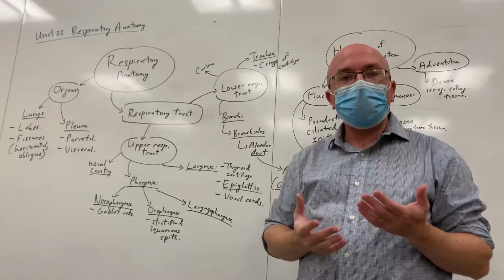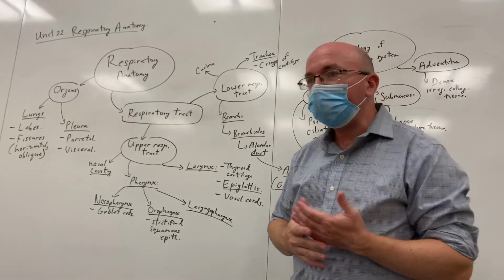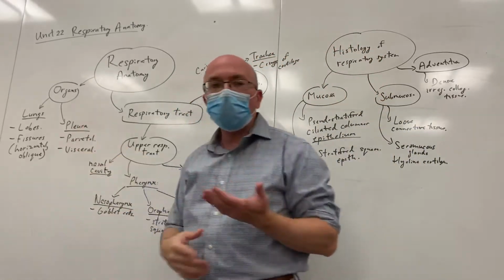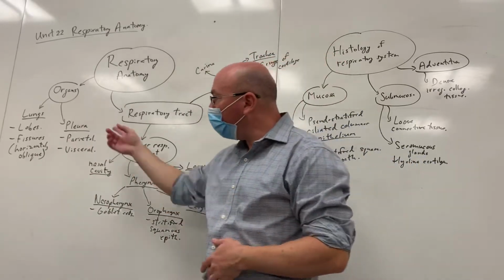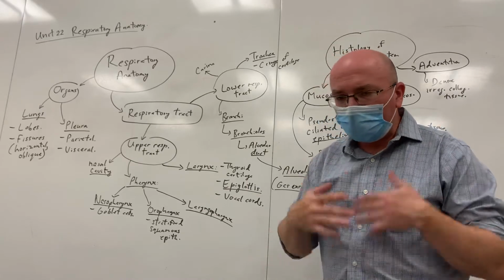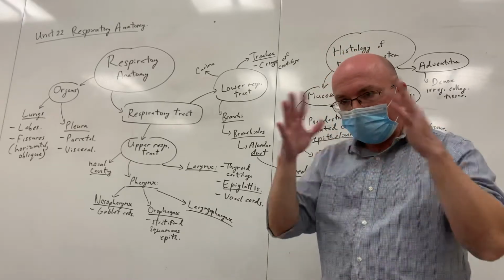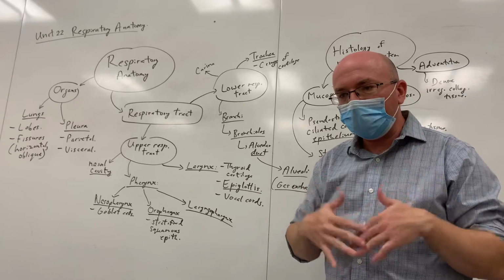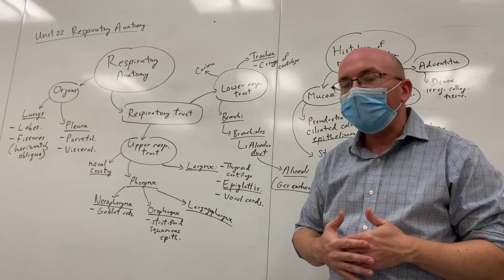Now, the lungs, just like any other organs, are protected by membranes. In this case, they're called pleura or pleural membranes. And we have parietal and visceral pleura. Essentially, parietal is the outer membrane that protects the lung, and the visceral one is the deeper inner one.